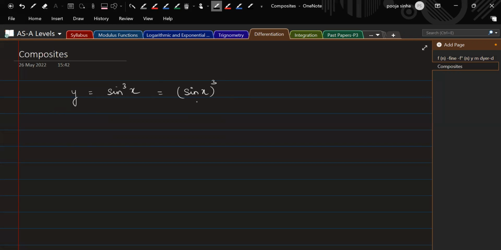This is a function f of x which has a power. तो हमको क्या करना होगा? It becomes n f of x multiplied by d by dx of f x, f dash x.